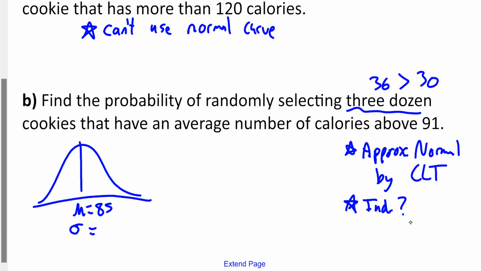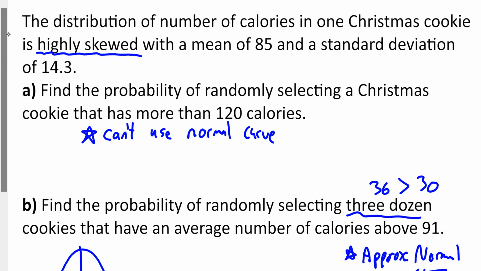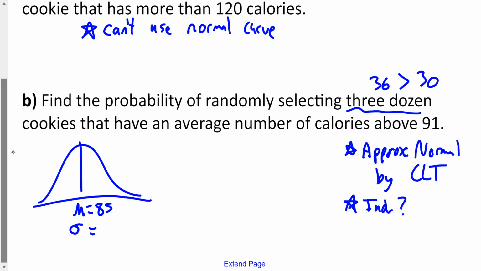we want to check for independence. It doesn't say anything about independence. So is our selecting 3 dozen cookies that have an average number of that... I mean, this is just Christmas cookies. It doesn't say it's from any specific population. So is 36 less than 10% of all cookies?